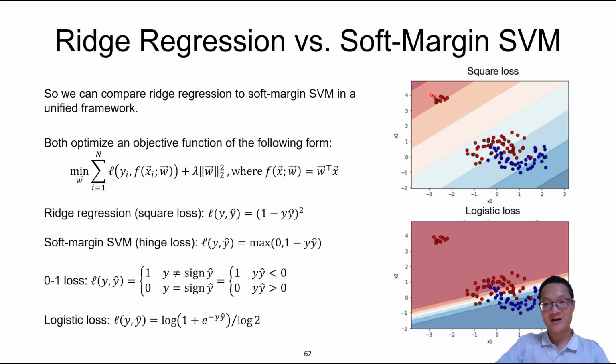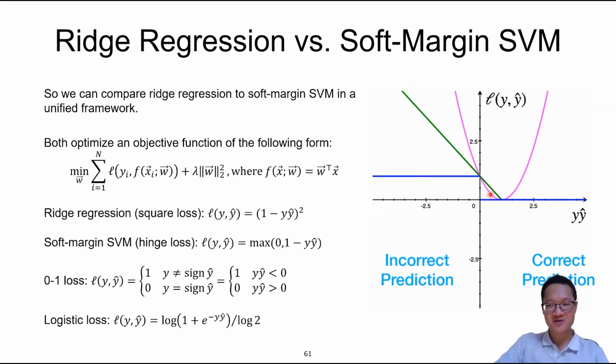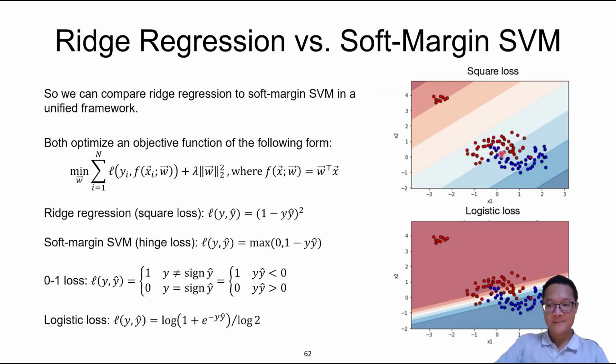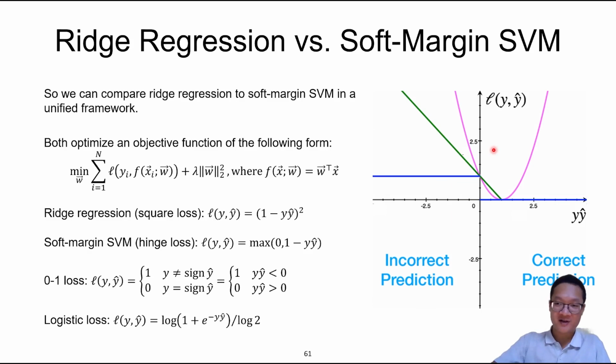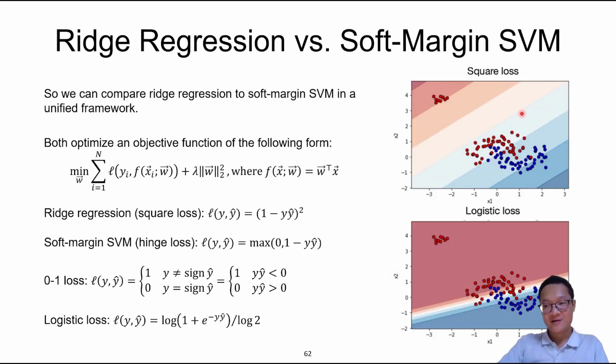But because of the outliers over here, the square loss is actually not doing a very good job. The outliers end up shifting the decision boundary of the square loss function. So the decision boundary is basically where, sorry, where y hat equals 0. It's shifting it too much to one side because of the outliers in the case of square loss.